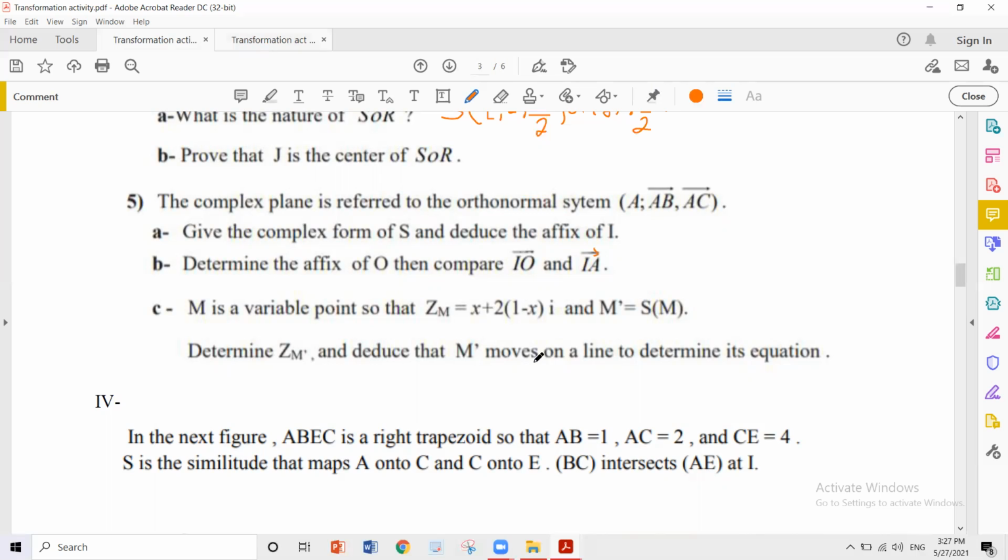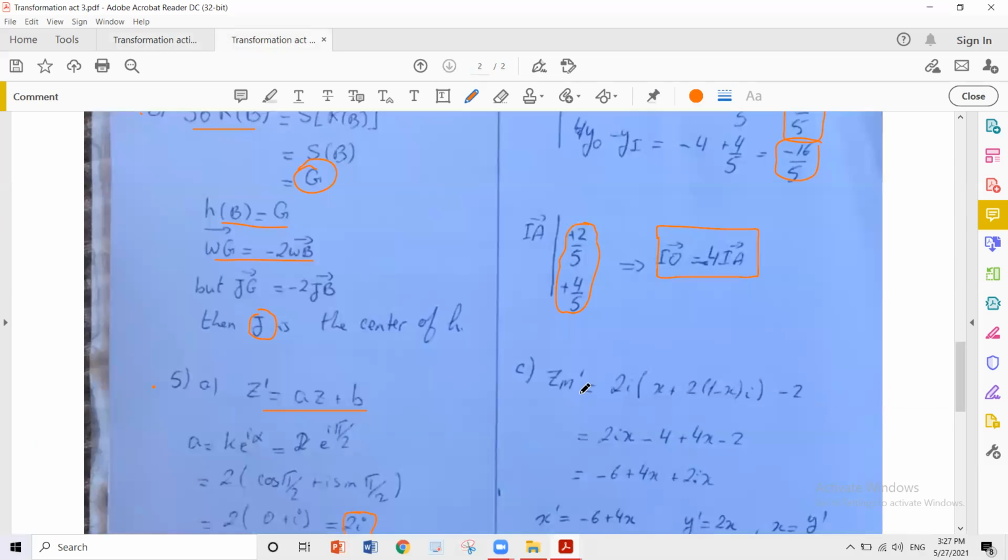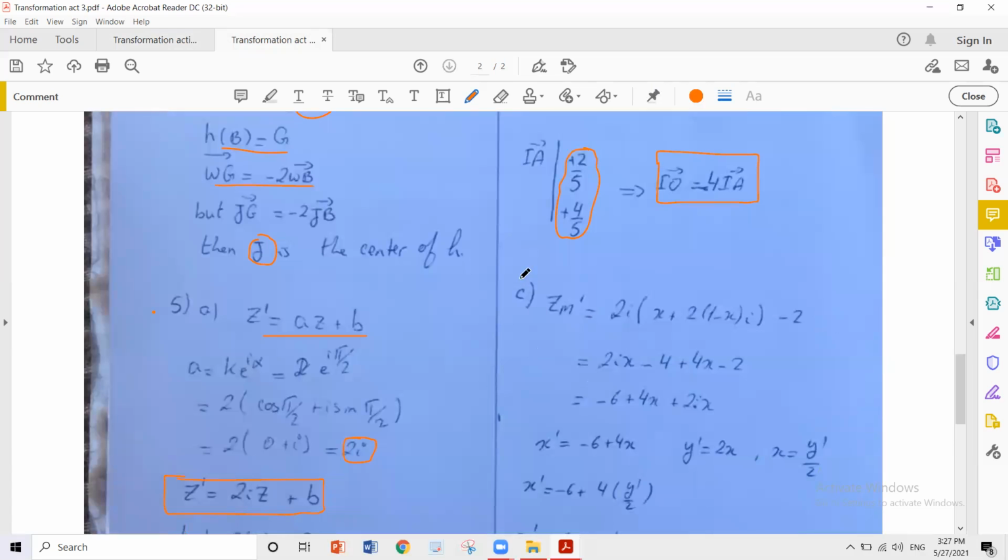To determine zM prime, we had the relation Z prime equals 2iz minus 2. So zM prime equals 2i zM minus 2.